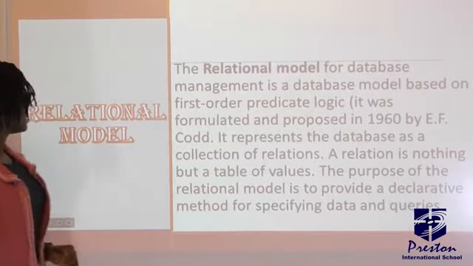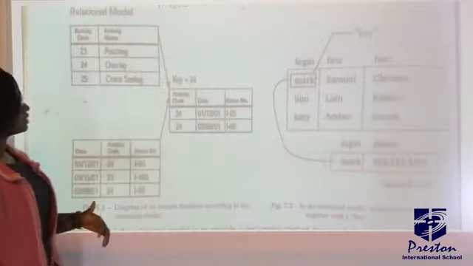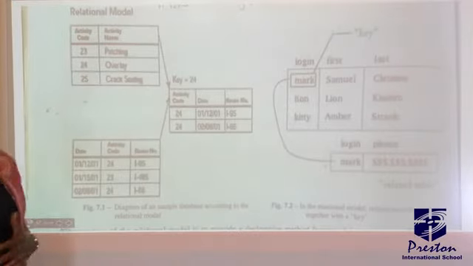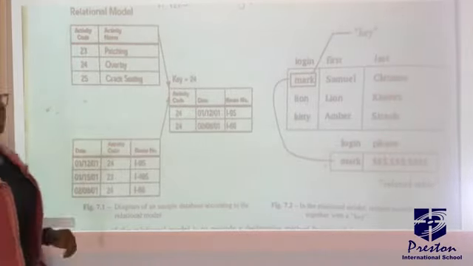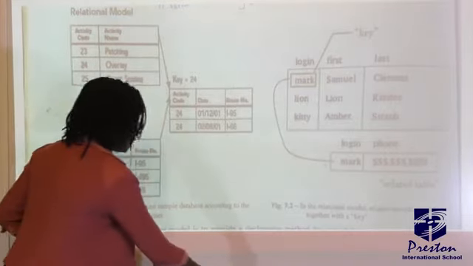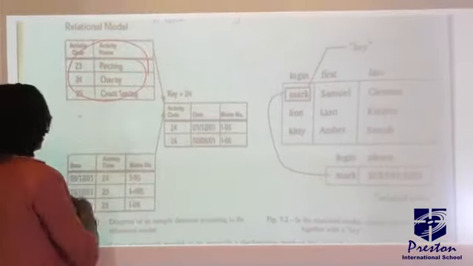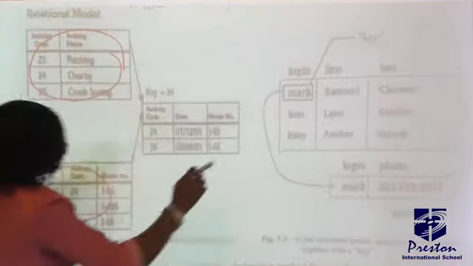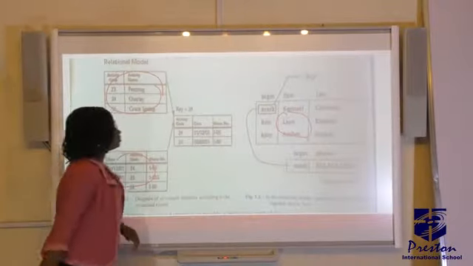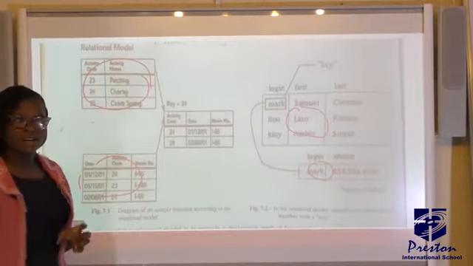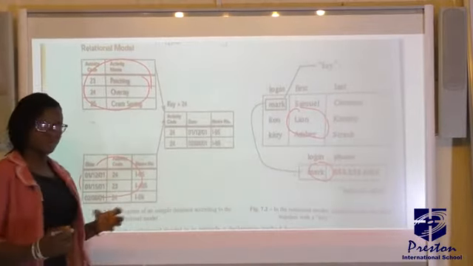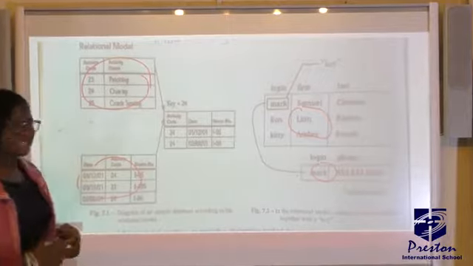So let's look at the diagram that helps to show us what a relational model is all about. Looking at this table now, this is a table on its own, another table on its own, another table on its own, another table here. So the relational model will bring tables together using a particular key.